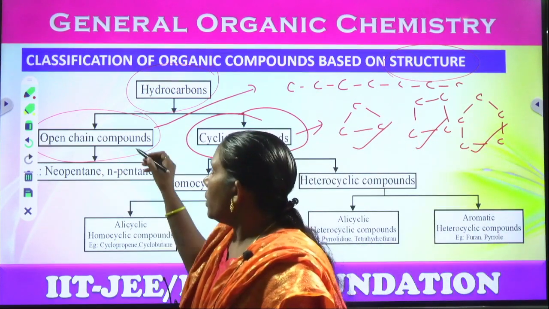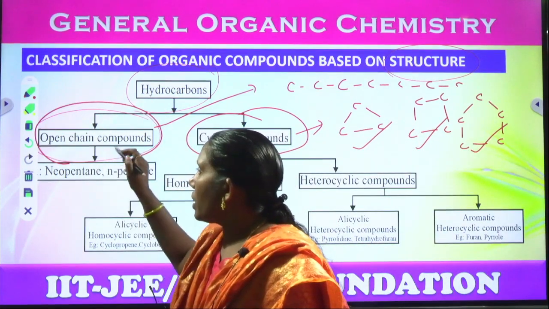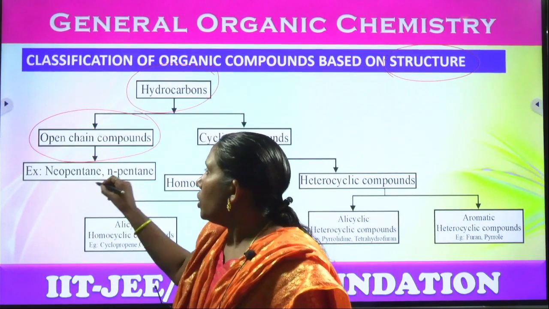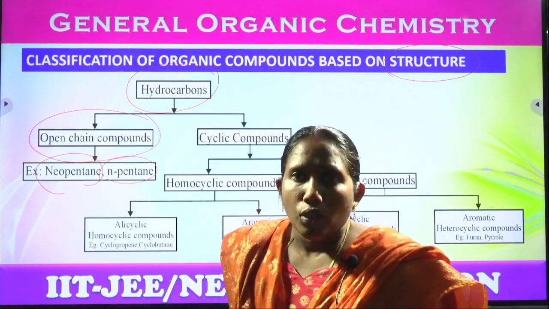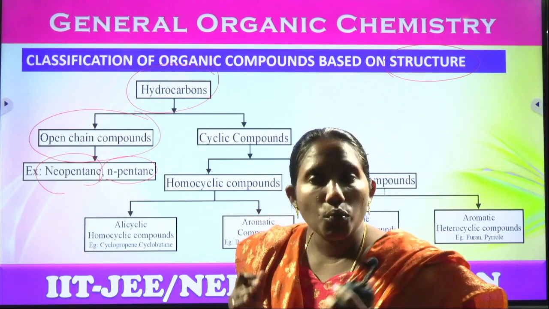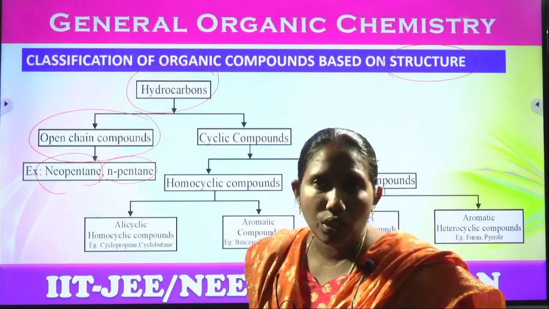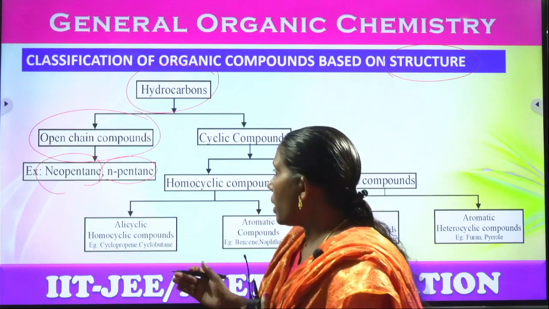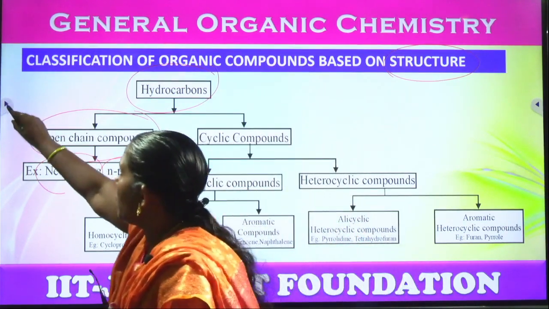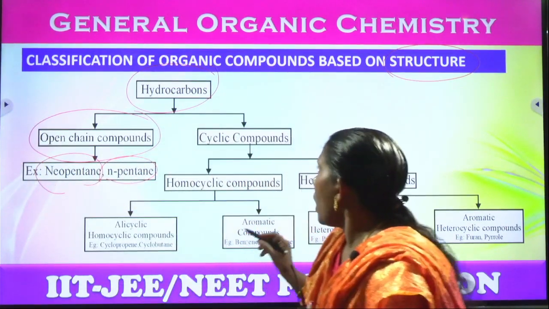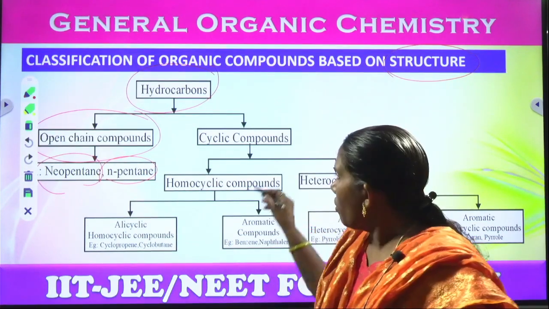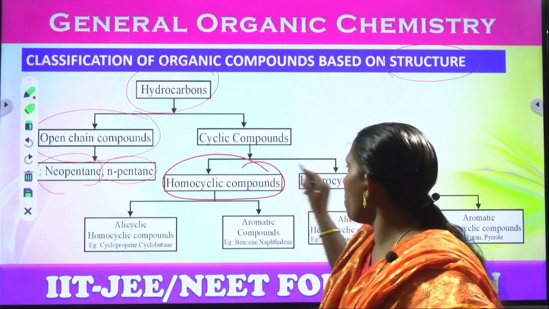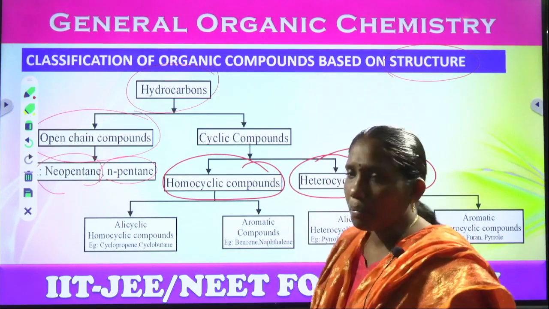Again here, in the open chain compounds, they are giving the examples of neopentane and n-pentane. What is neopentane and what is n-pentane? I will give you the structures, right? Just see the examples. Again here, the cyclic compounds are classified into two types: homocyclic compounds and heterocyclic compounds.